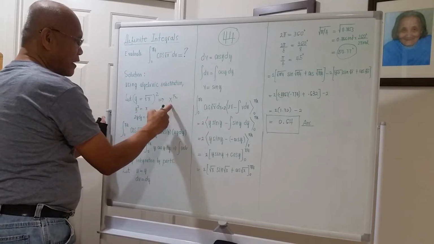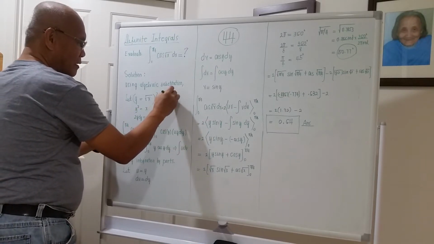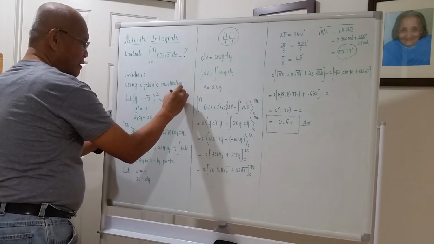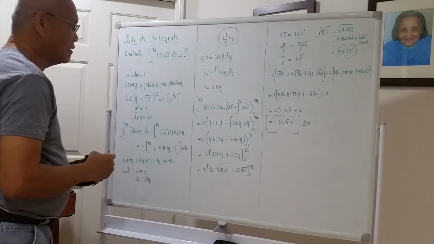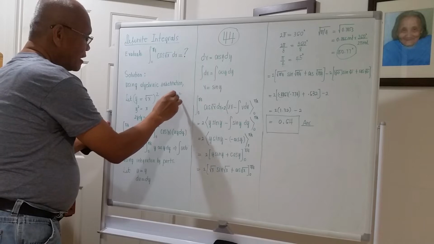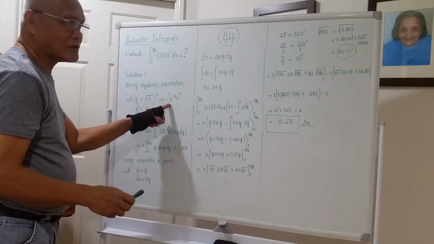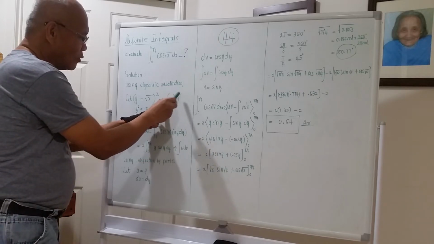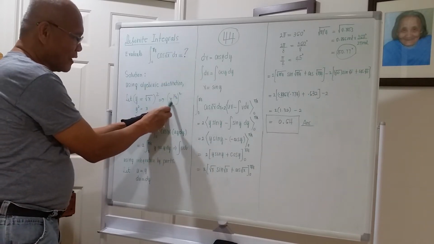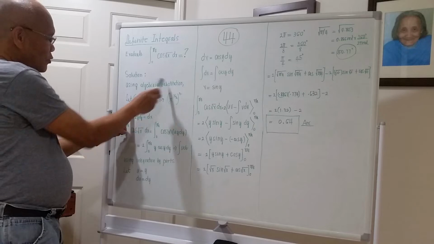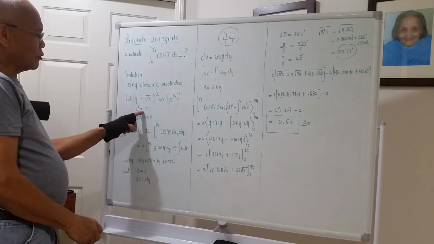Square root of x is x raised to 1/2, right? Then square that again. This 2 here cancels with this, so the resulting exponent of x will just be simply 1 times 1 over 1, or just simply x. So after the squaring, y square will be equal to x.